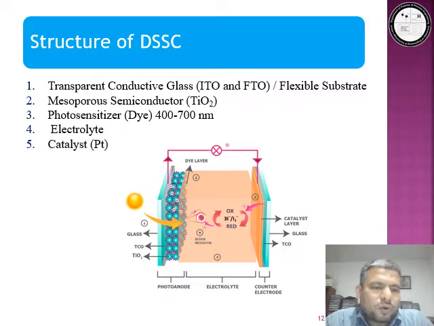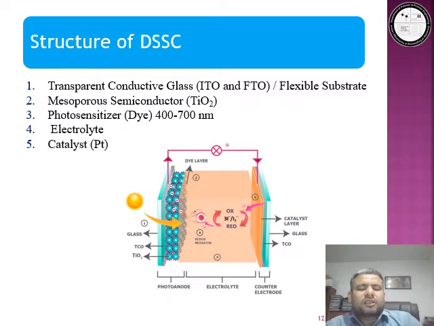Similarly, the fourth major component of the cell is the electrolyte. The function of the electrolyte is to regenerate the dye after it injects electrons into the conduction band of the semiconductor. However, the long-term stability of DSSC depends on the properties of the electrolyte.